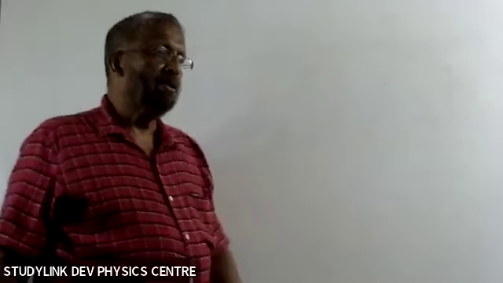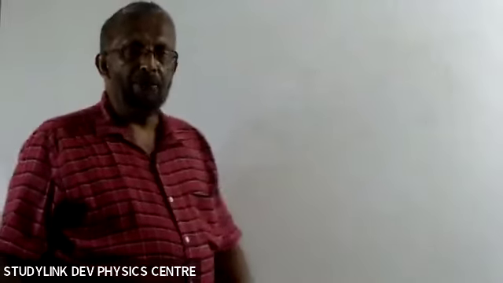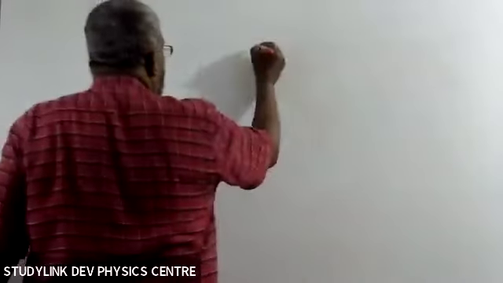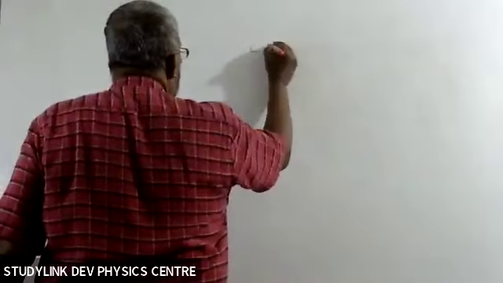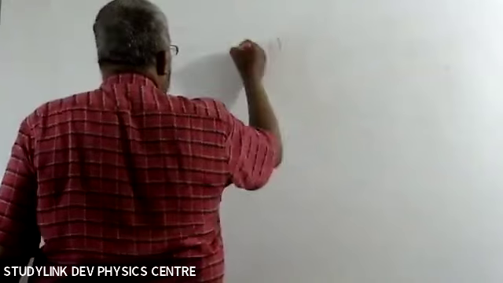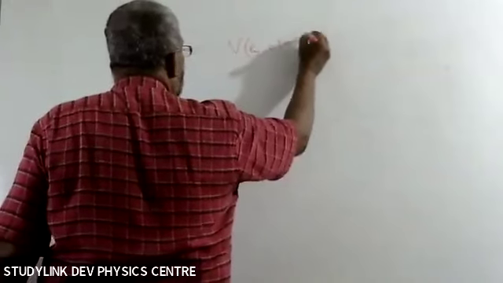Right. A car is moving towards west with a velocity of 8 ms minus 1.